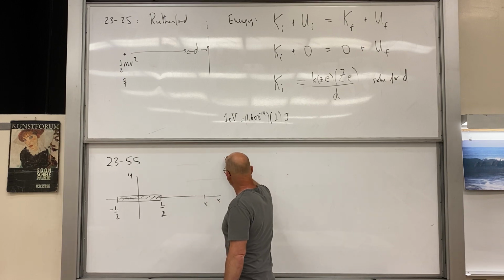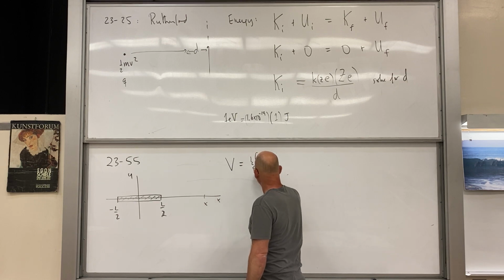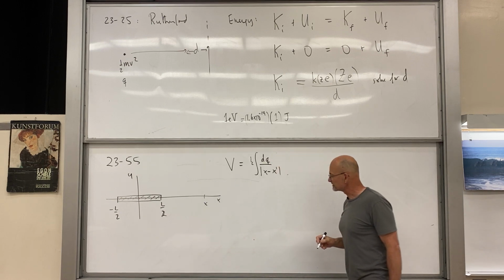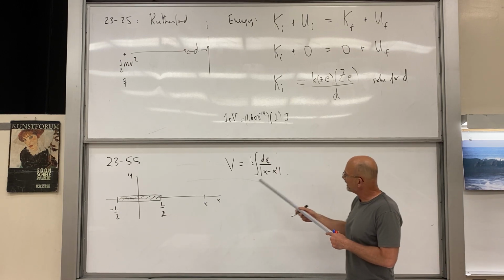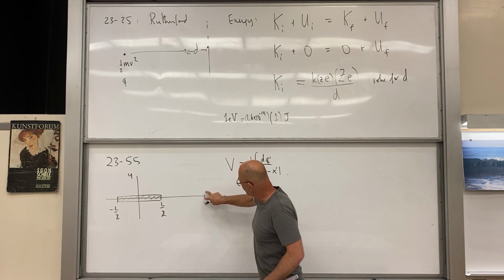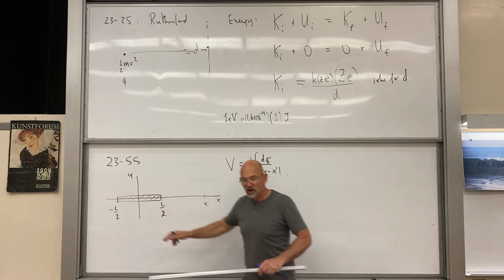So our potential here is K integral dq over x minus x prime. And what we're doing is integrating over q, I'll say q prime. We're integrating from this point, it's 1 over x for every increment of charge along that length.